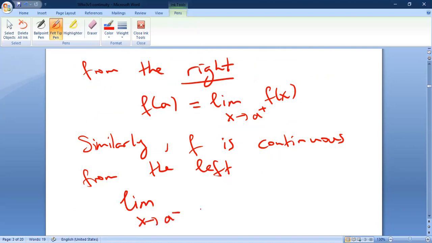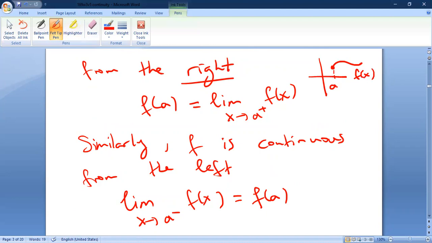So if the limit from the left is equal to the definition, then it's called continuous from the left. So this is something like this. Let's say this is a. The right limit and the definition are the same, but this one is something like this. The left limit and the definition are the same.